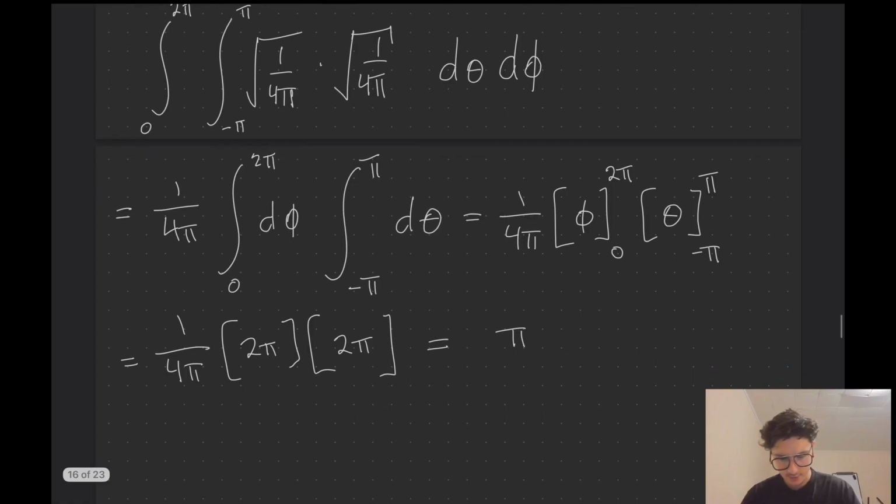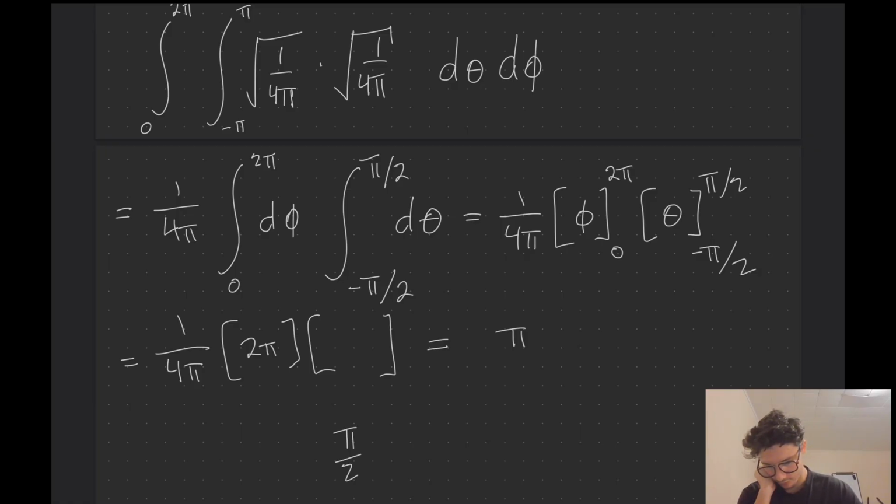Let me check if this is actually okay. So we have pi over 2, negative pi over 2. And then here what we get is pi over 2 minus negative pi over 2. Is it the same thing? No, that one doesn't work either, does it?